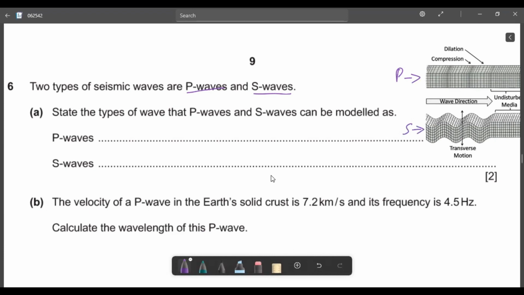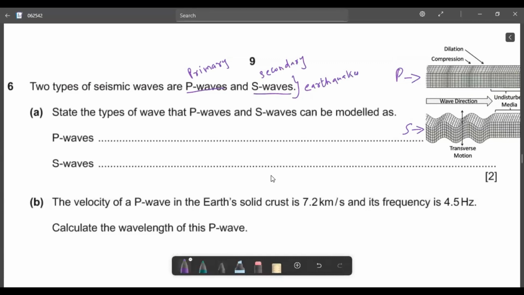P means primary waves. S means secondary waves or shear waves. These are seismic waves that travel through the earth after an earthquake. So these two types of wave occur after an earthquake.